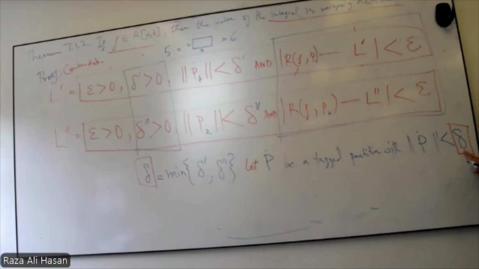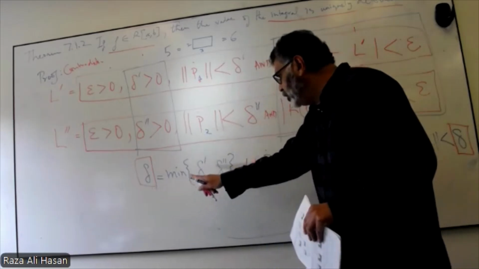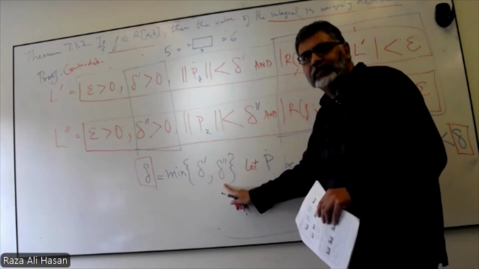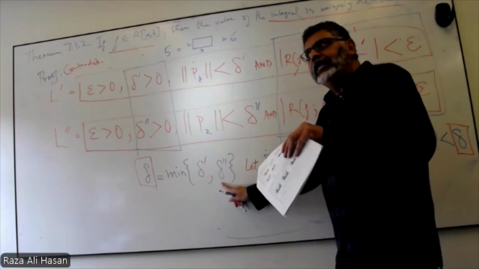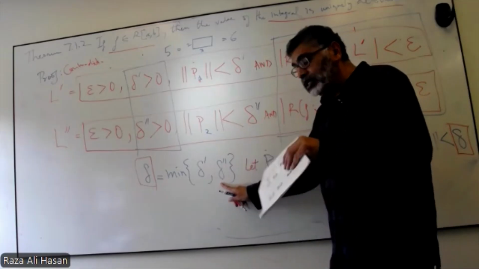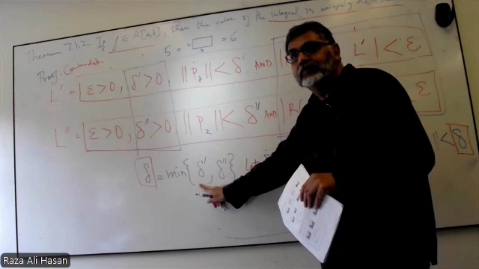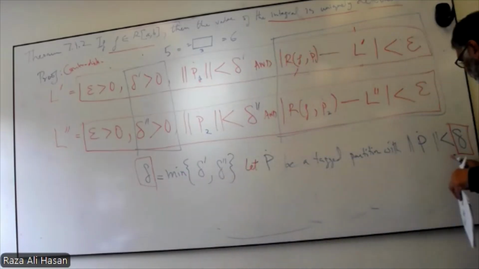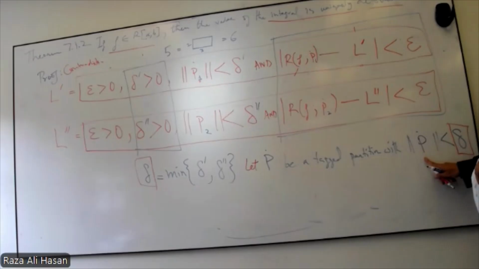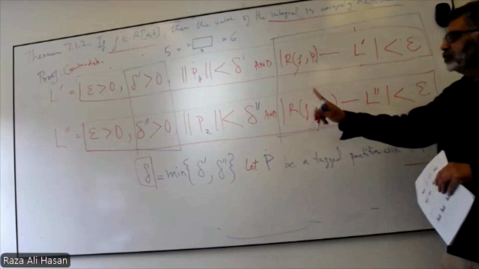This is only going to be true, so this is the delta that is equal to which one? This one or this one? This one was the finer one with more rectangles, which means this is the number that necessarily has to be smaller than this one. So if this is the smaller of these two and we stick it here, and this is going to remain true, then this partition has to be which one?